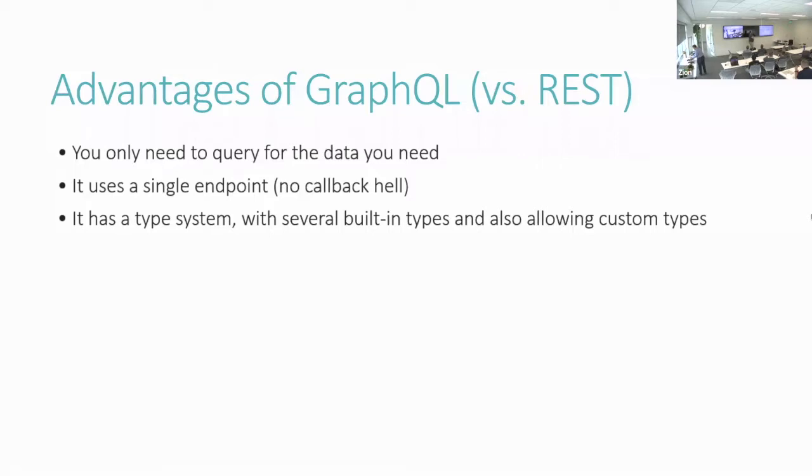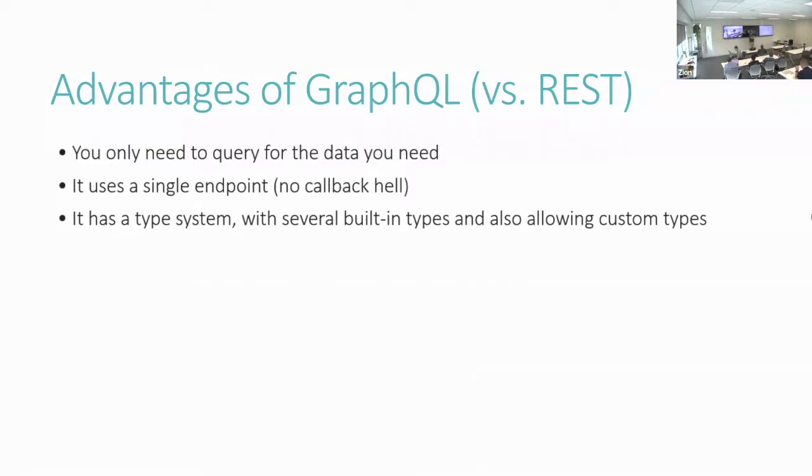It has a type system with several built-in types, also allowing custom types. GraphQL is really cool because it's very strongly typed. Things are very well defined in GraphQL. Another problem we've run into where I work is that sometimes we'll get back JSON responses from our REST endpoints that look like they have the same data structure, but sometimes things that come back as ints come back as strings, and it gets really annoying to parse when the data is not consistent.